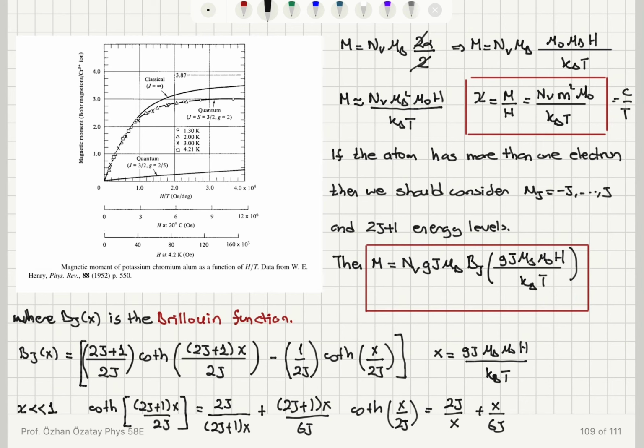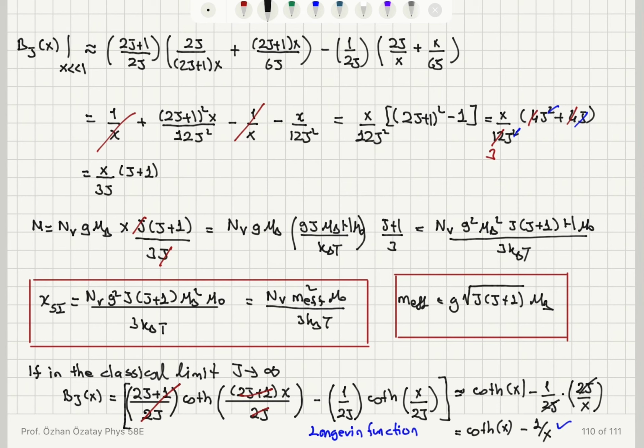And when x is much less than 1, the Brillouin function we have shown turns into a simple expression, where we have basically used the coth expansion. We remembered that coth x for x around 0 was given by 1 over x plus x over 3 plus higher order terms.